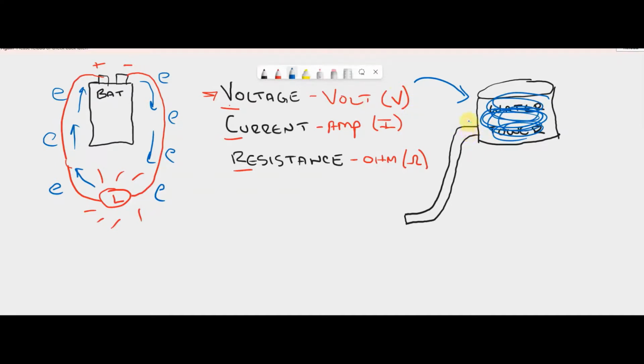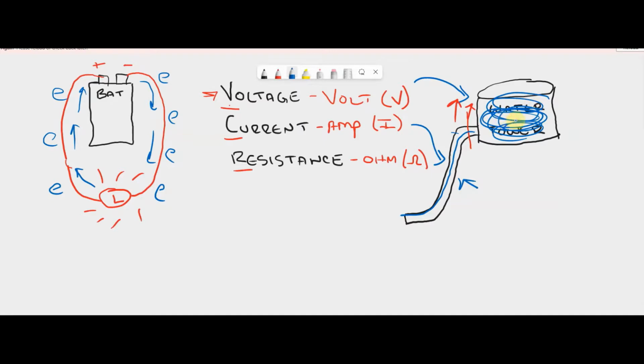And then let's say we have a little valve right here. So it's not allowing the water to flow. Well, if it's not allowing the water to flow, that means we have a very high resistance because water's not flowing. But if we open that valve and we let that water flow down through this hose, that then is our current.